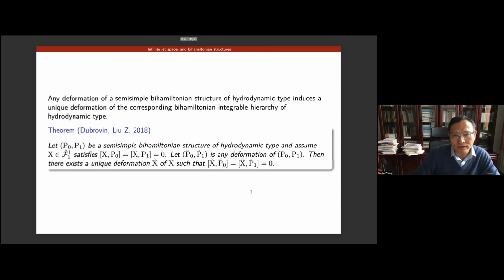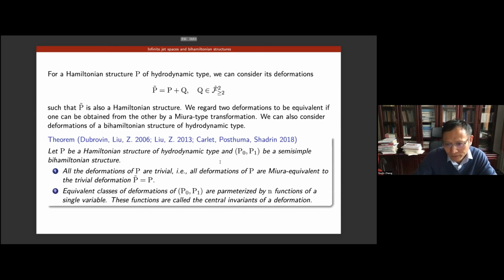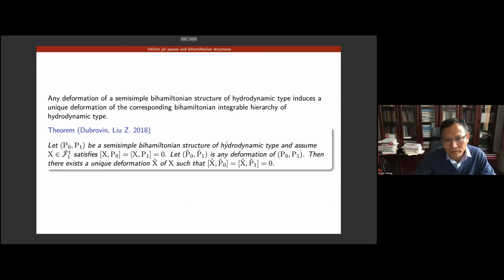So this is a result we already obtained on the deformation of Hamiltonian structure of hydrodynamic type, and this theorem can actually be proved by computing some Hamiltonian cohomology or bihamiltonian cohomologies, similar to the finite dimensional case.